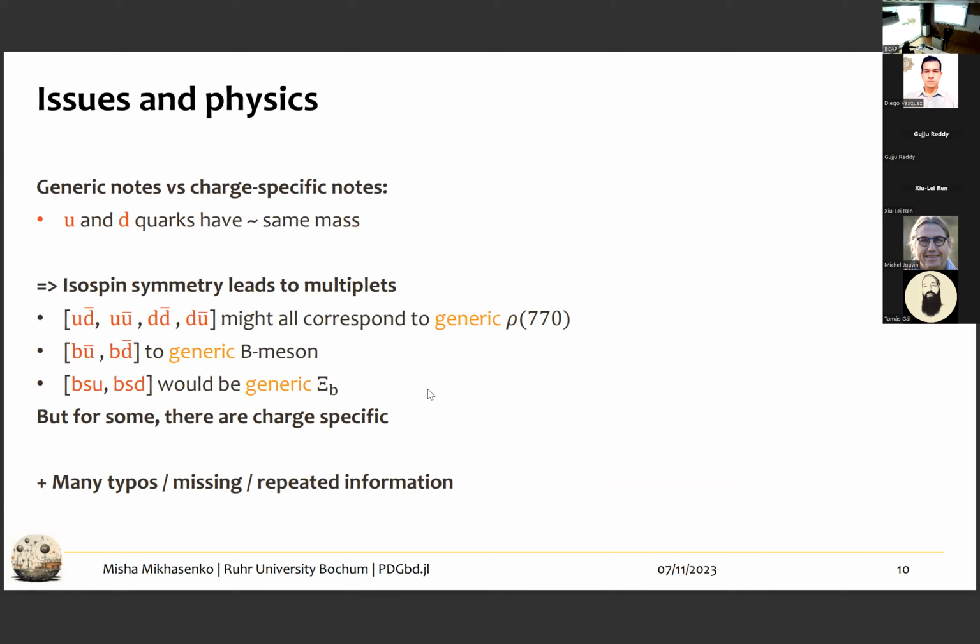We have isospin symmetry, meaning that because light quarks are light and have identical masses, several hadrons, several families, have the same properties. We don't need separate properties of, let's say, K star plus and K star minus. Particle and antiparticle obviously have the same properties, but K star 0 would have very similar properties to K star plus.